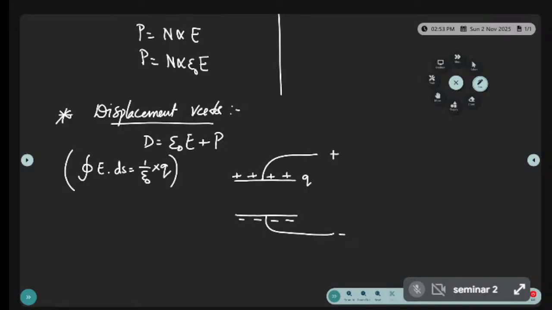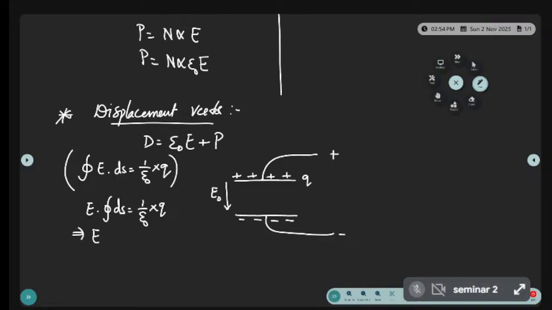The charge present on the plates is Q. Because of this, an electric field is set up from positive charge to negative charge. That electric field is E naught. Apply Gauss law. E integral ds is equal to 1 by epsilon naught into Q, because Q charge is there.